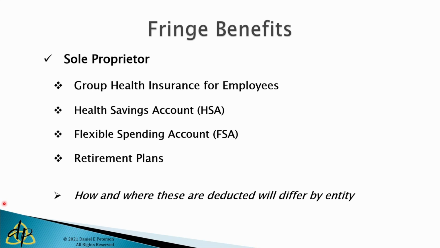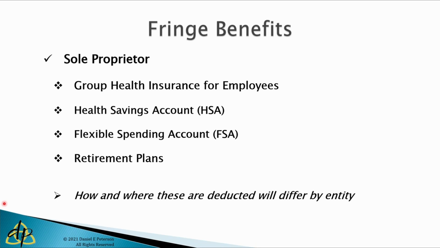Okay, so we talk about what kind of fringe benefits can be offered by these different kinds of entities. Well, each of the entities can have group health insurance for its employees. If that health insurance plan qualifies, it can establish health savings accounts for its employees. If it wants to offer a flexible spending account in lieu of the health savings account, it can do that.